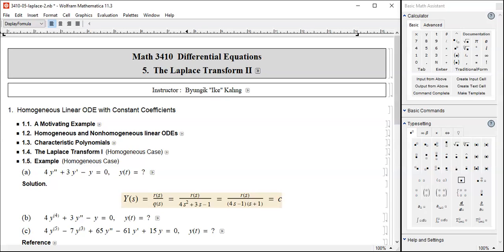So we'll have to have C1 over 4s minus 1 plus C2 over s plus 1. Looks like this is going to be the decomposition by partial fraction.